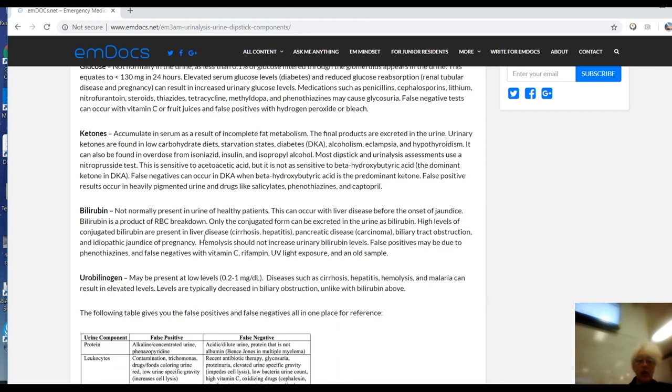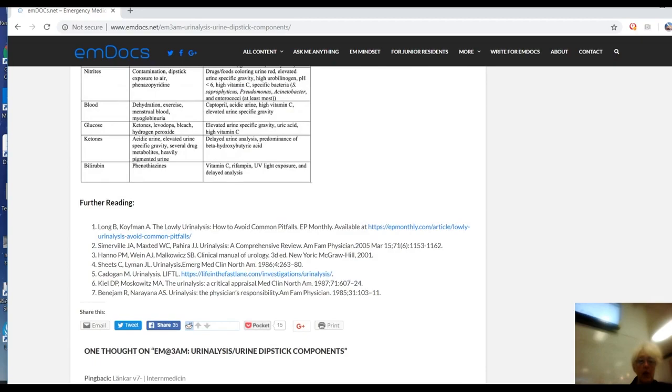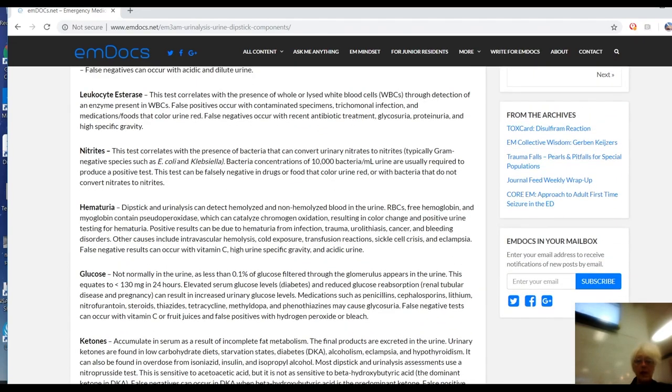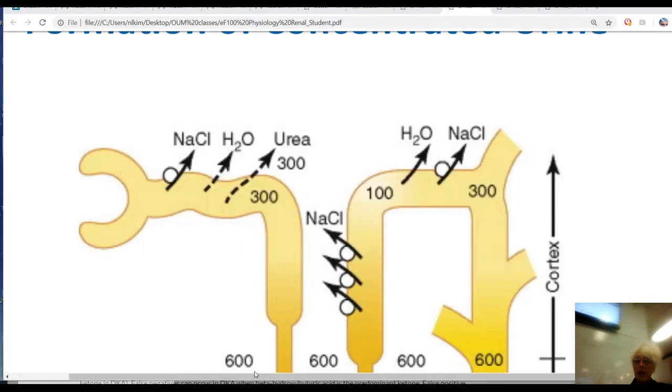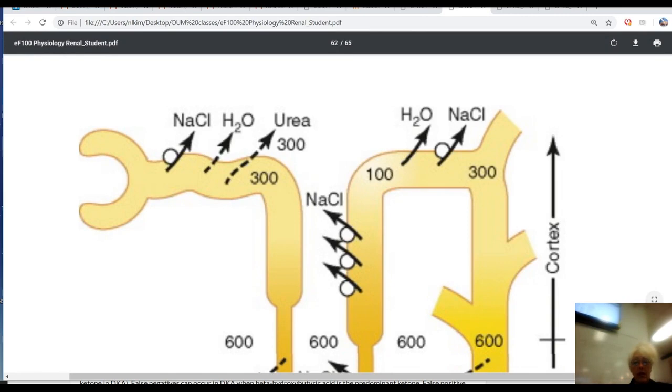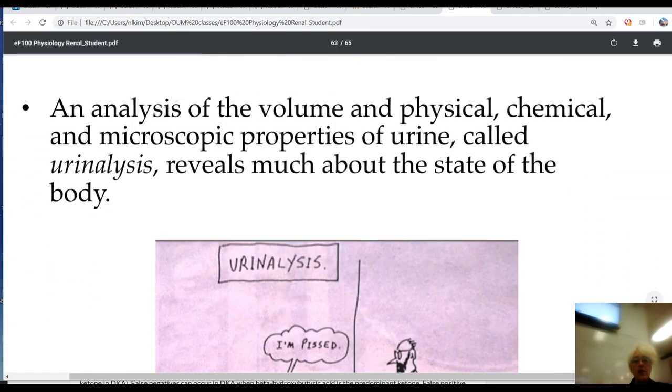Ketones you really shouldn't have. High levels of ketones can also come from bodybuilders as well as proteins. Bilirubin is not usually present in healthy patients, but obviously if there's liver disease, bilirubin will be found. So those are just a few.